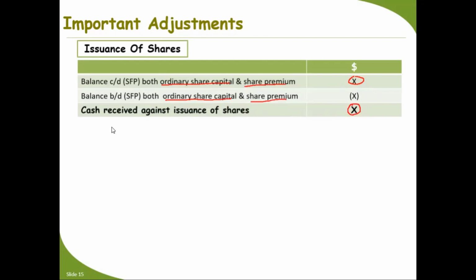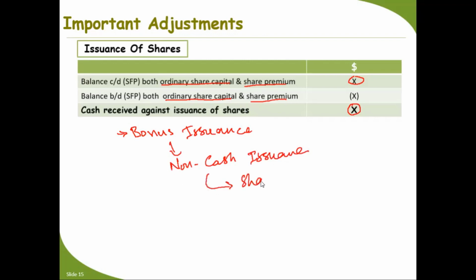Now, one important thing: there is a possibility that you may have a bonus issuance of shares. I have talked in detail in the lecture about EPS, about bonus issuance and rights issuance. This is a non-cash issuance. But in most cases for bonus issuance, the reserve used is share premium.